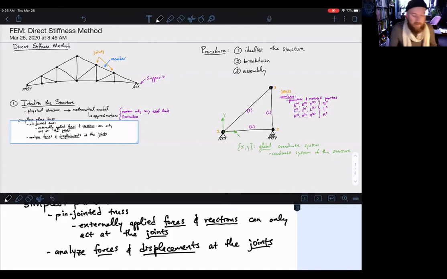So we have a pin jointed truss. We're going to do something to it. So maybe we're going to poke on the node number 3, and we want to know how this truss is going to deform. And so what we'd like to do is analyze the forces and displacements at each of these joints.